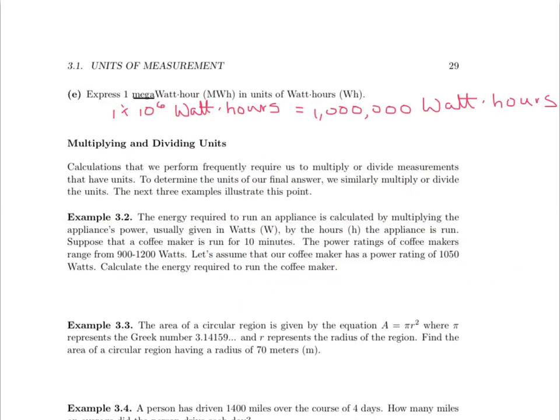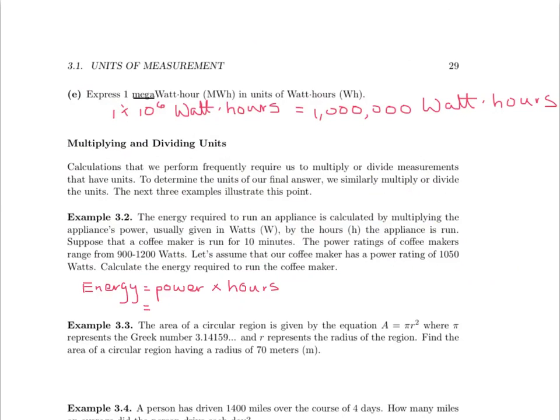So, to calculate energy, we take the power of the appliance and we multiply by the hours that the appliance is run.